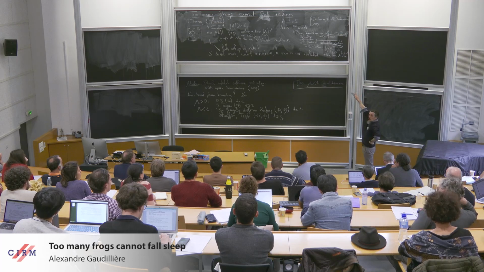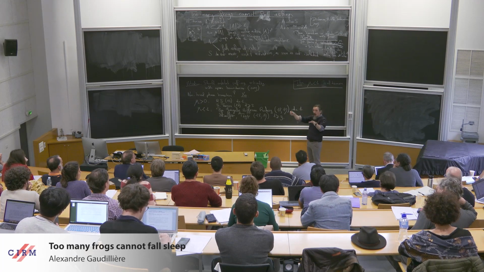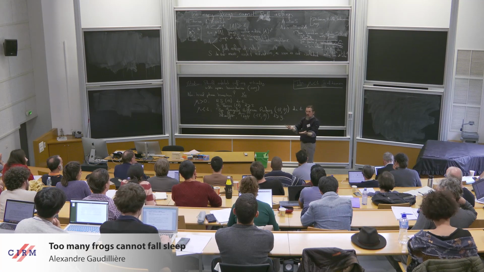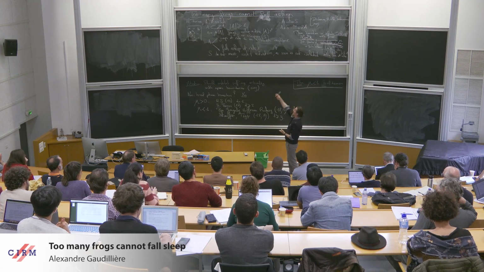So what we have to prove is that for fixed lambda, if we put enough frogs, but still a density which is smaller than 1, they will take an exponential time to fall asleep, that it is indeed a metastable situation. This is the title of the talk.